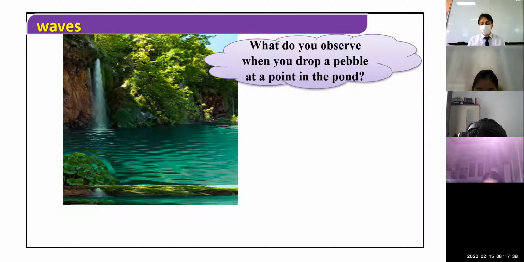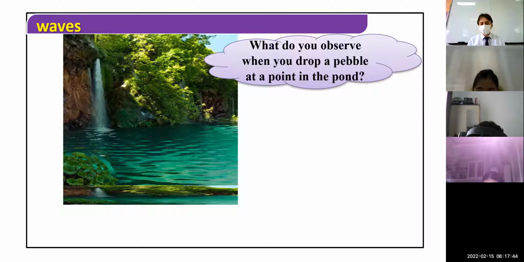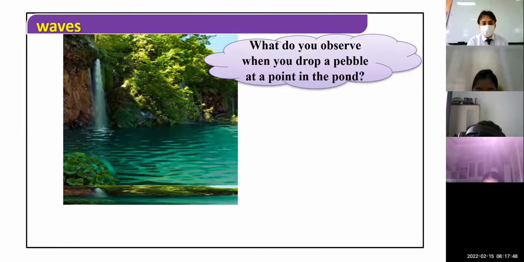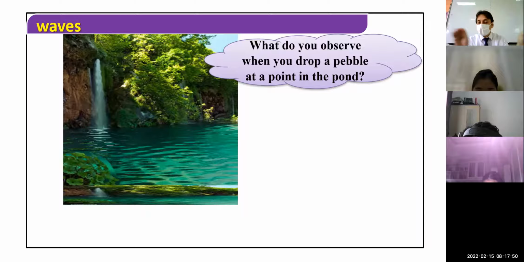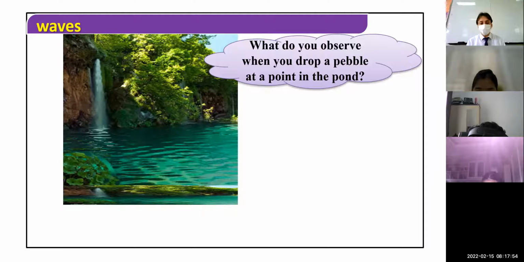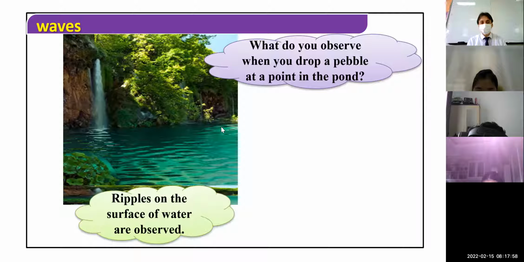Ripples are formed, actually. Waves are formed. Here in this animation you can see that the waves are moving. Ripples are formed.